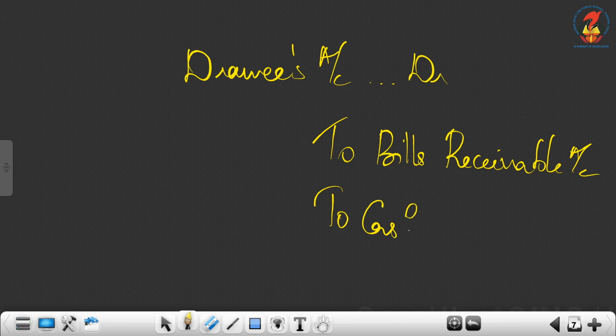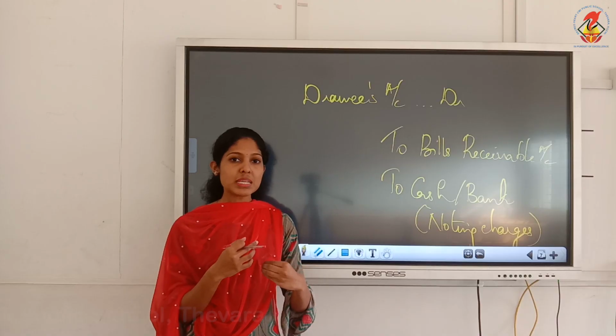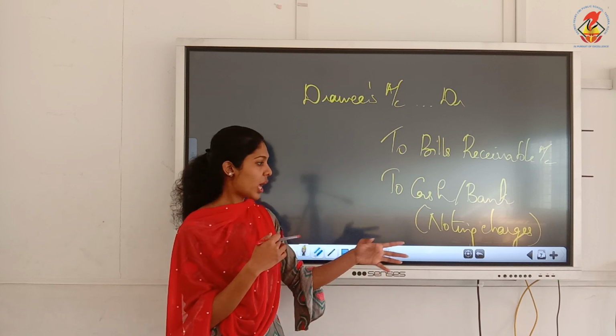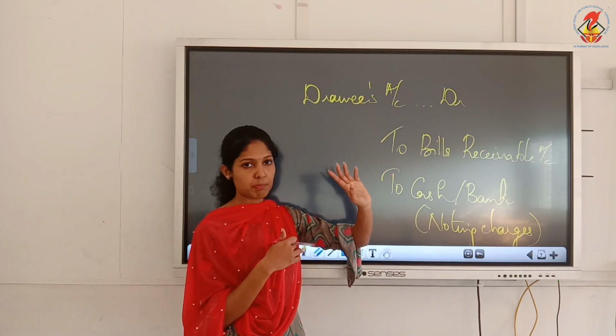Then there is one more account to be credited, that is cash or bank. The meaning is we will have to pay noting charges. The drawer will have to pay the noting charges. The holder of the bill will be taking this bill to the notary public. For that he will be charging a fee and we'll have to make the payment. We means the drawer has to make the payment.